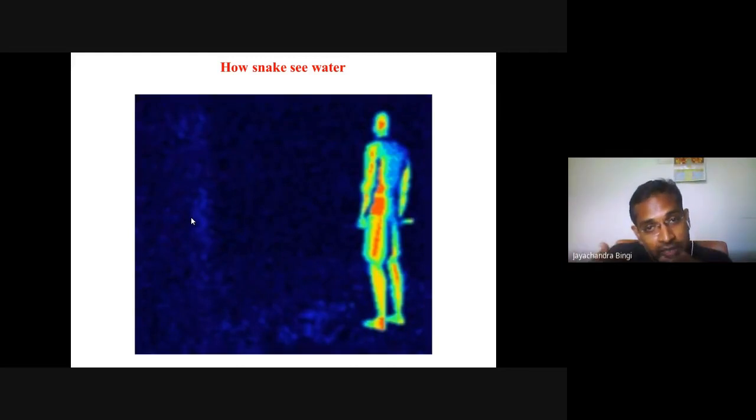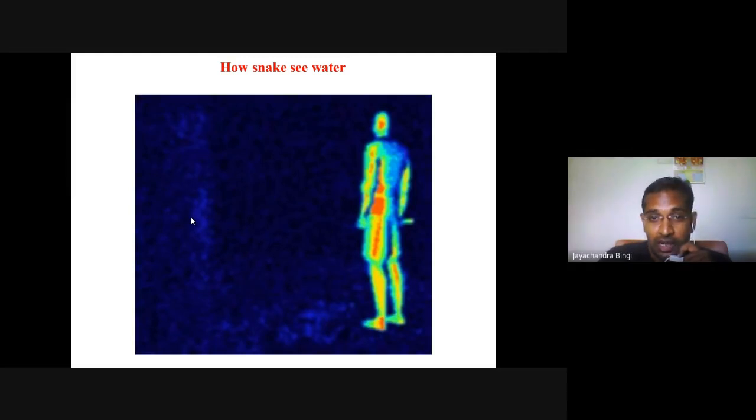So if the brain is understanding in a particular fashion, then analyzing it that way, it sees the world that way. That's why it has the special capability of discriminating contaminants even in the water. So this kind of sensing system is also there in nature.